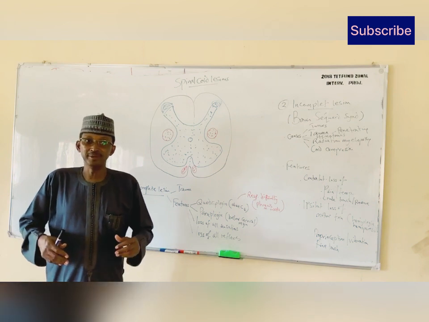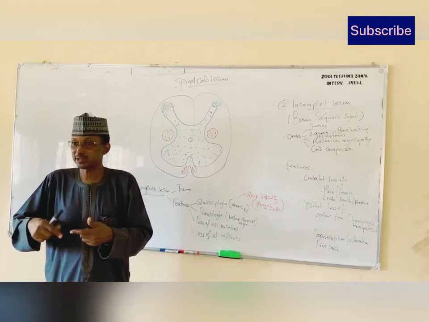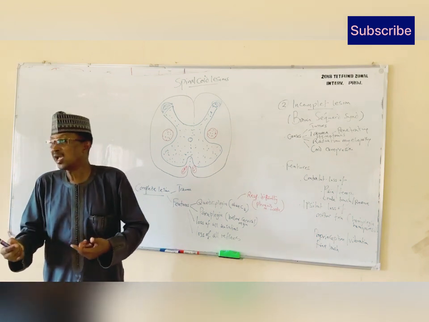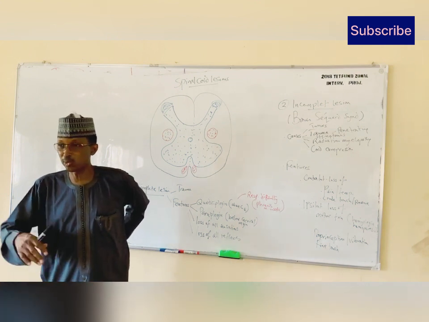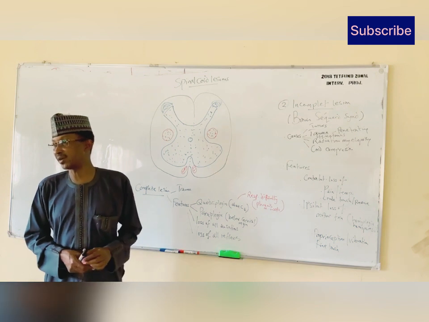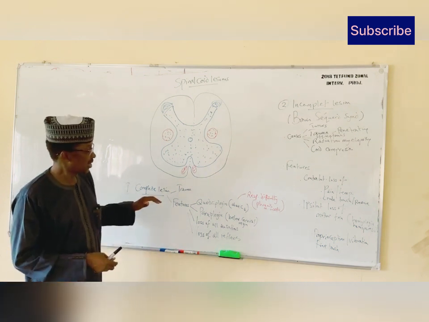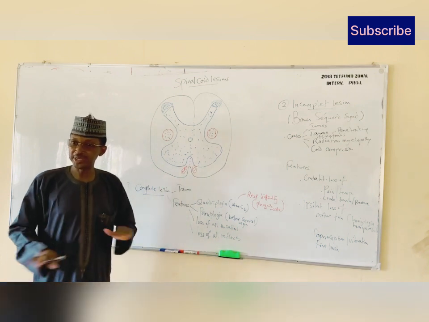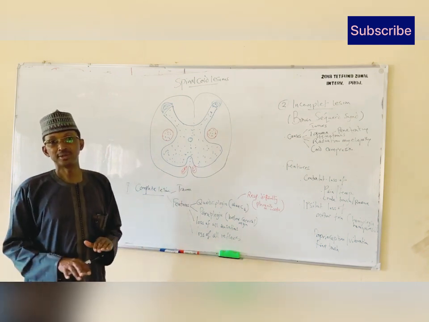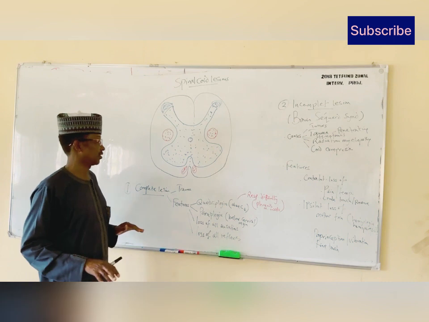Or by some assault, somebody is thrown and breaks the backbone, and the backbone and the spinal cord can also get torn together. So trauma is mainly one of the common causes of complete spinal cord lesion or transection.